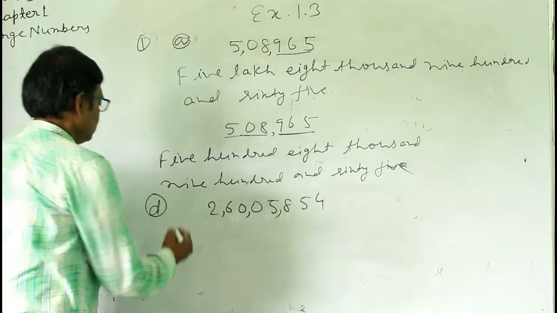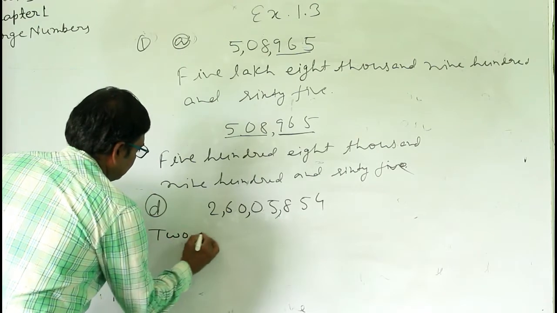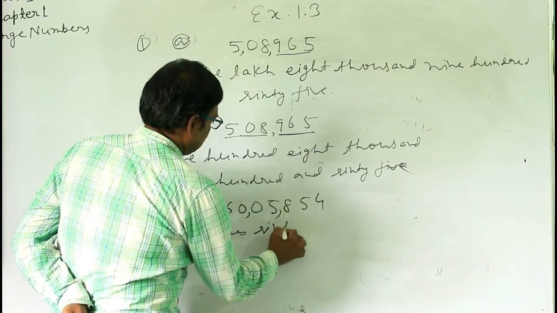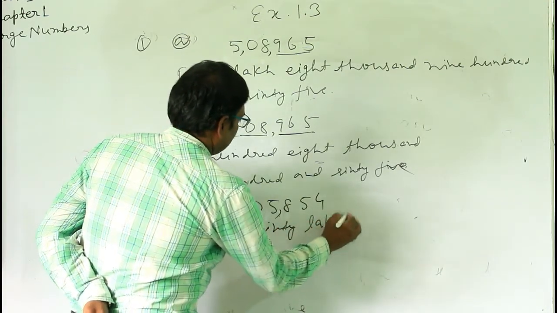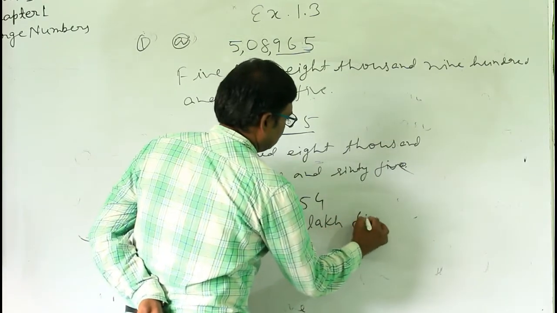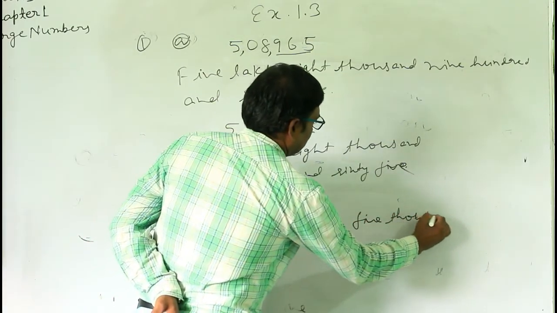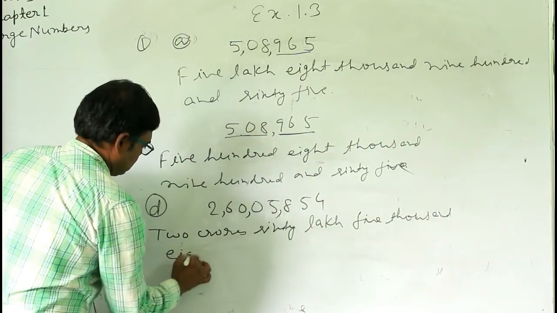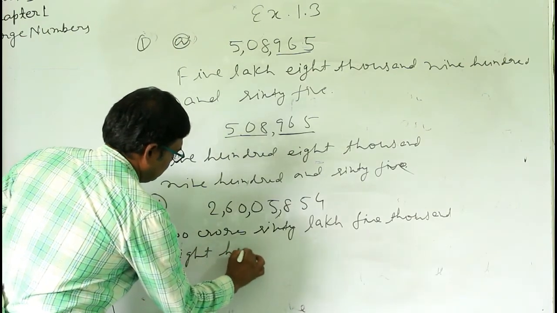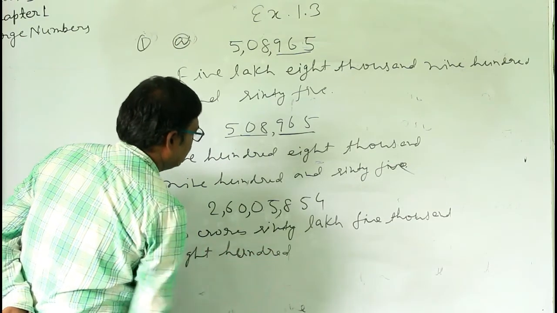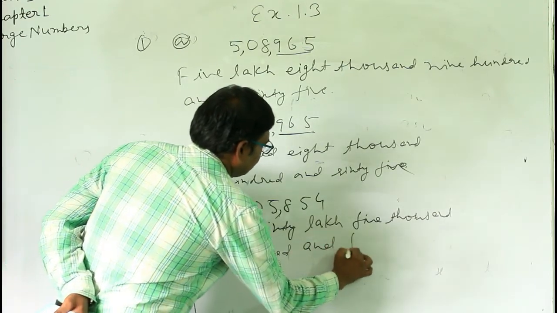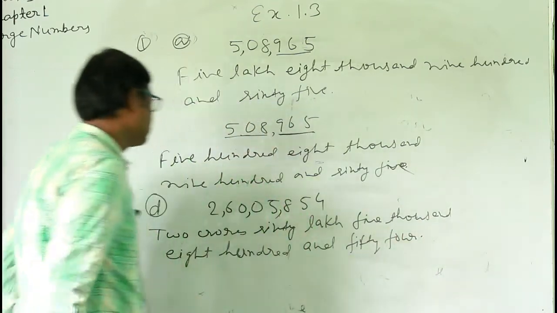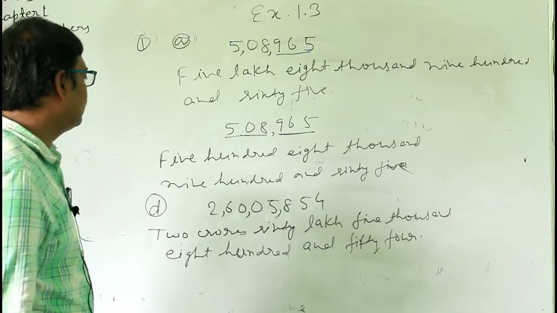So that is the name. 2 crore 60 lakh 5,000 854. So this is the name in the Indian system of numeration.